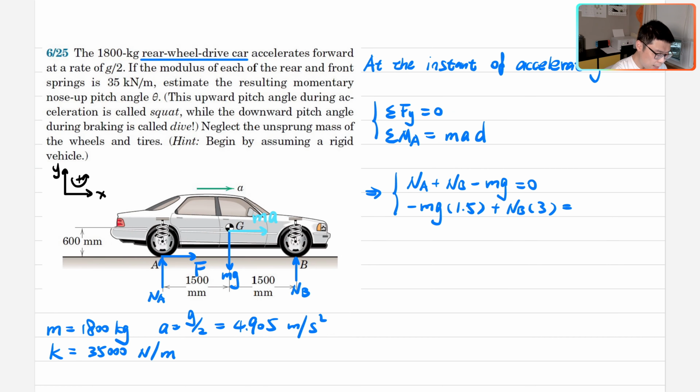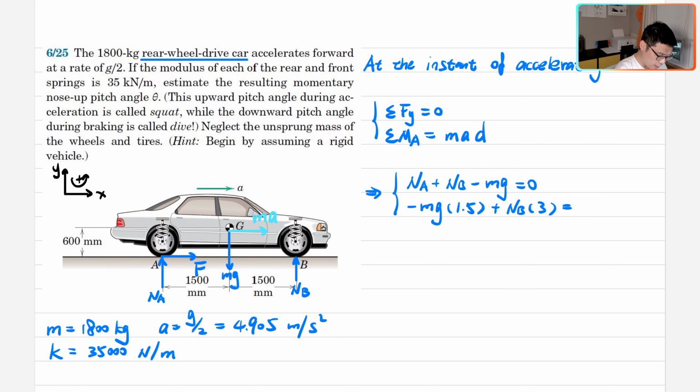Remember, this ma is the resultant force of the vehicle. Okay, think about this. In this case, everything considered, eventually, where does this car go? Go forward, right? So this is your resultant force, giving you this ma. And this ma is applied directly on the center of gravity.